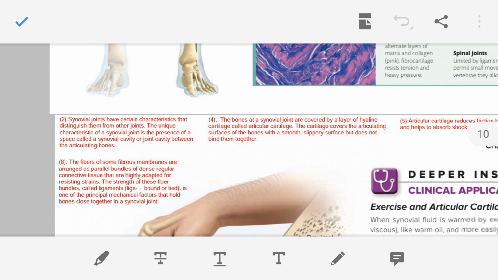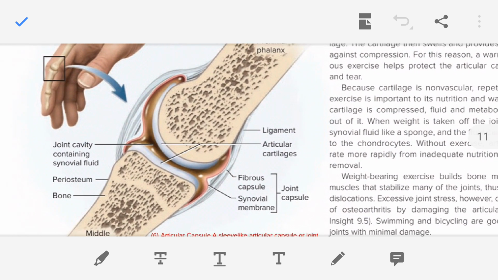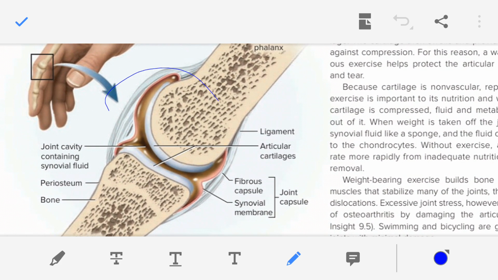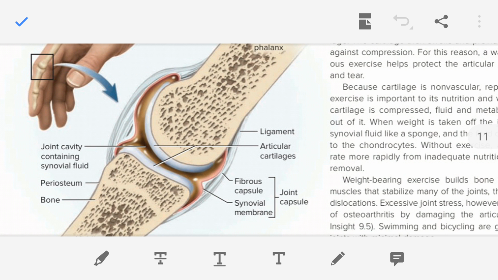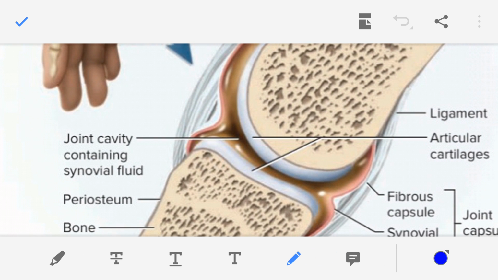So in the figure, for example, this entire joint is the synovial joint, and this is the synovial cavity or the joint cavity.